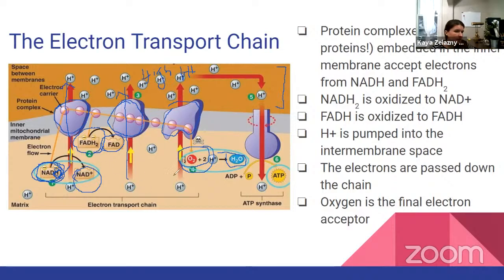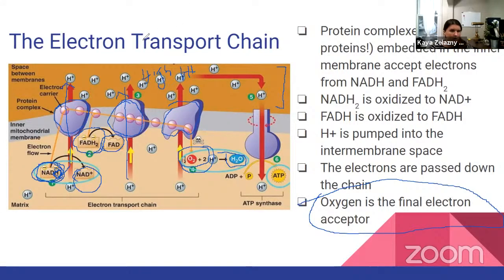It basically means we can't start the beginning of this process if we don't have any oxygen to accept it at the end. So this is fatal if you don't have oxygen, and it's all because of this tiny little bit at the end of the electron transport chain where oxygen is our final electron acceptor.